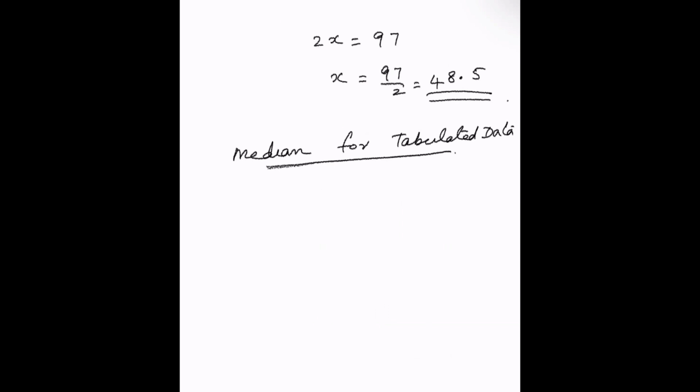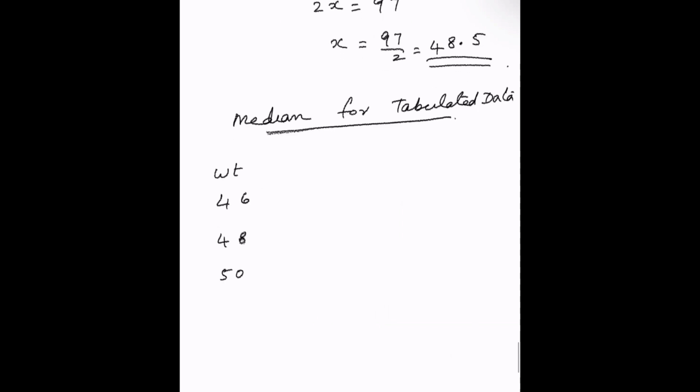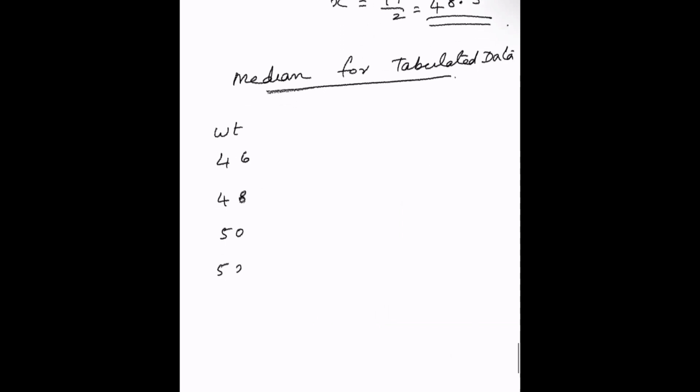The weights of 45 children in a class are given to you, and the weight is measured in kilograms. The weights are 46, 48, 50, 52, 53, 54, and 55.